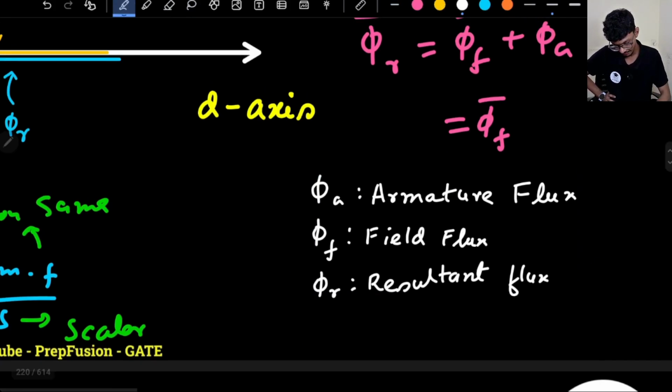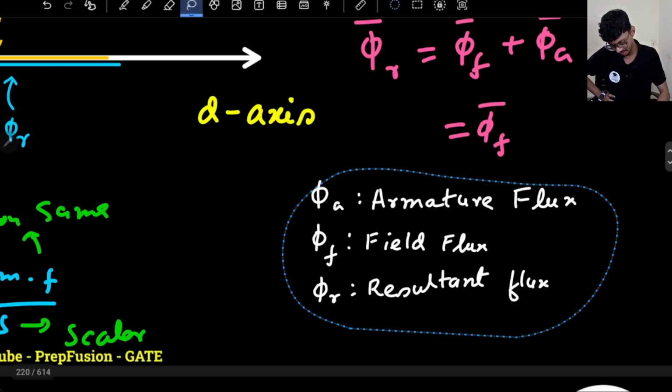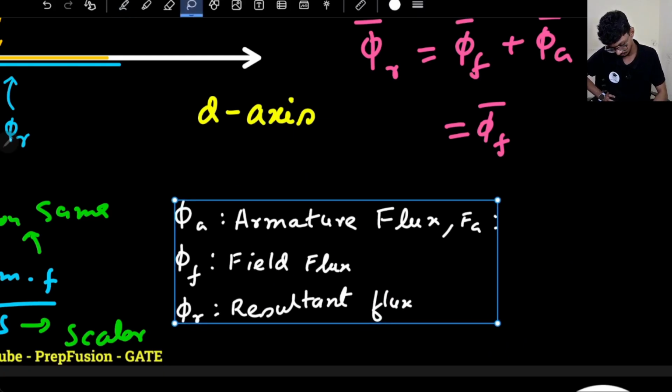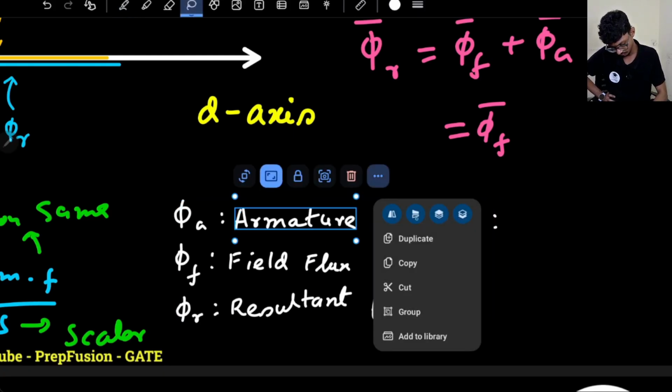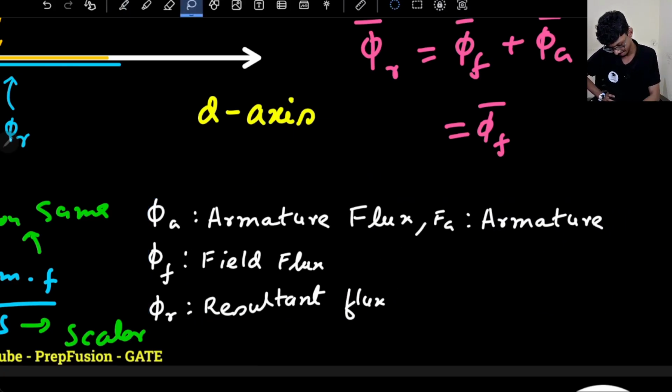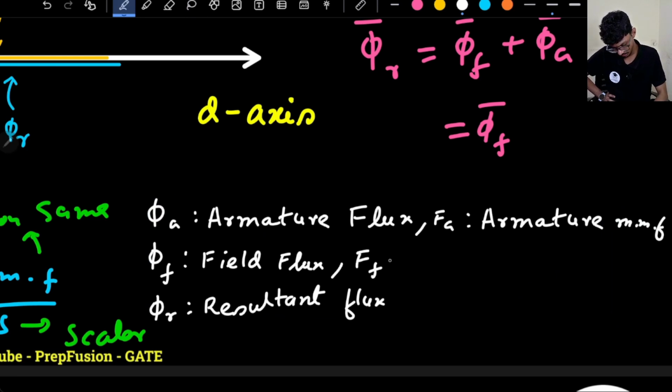My FA is the armature MMF. FA will be the armature MMF. Don't have enough space, unfortunately. And my FF will be the field MMF.